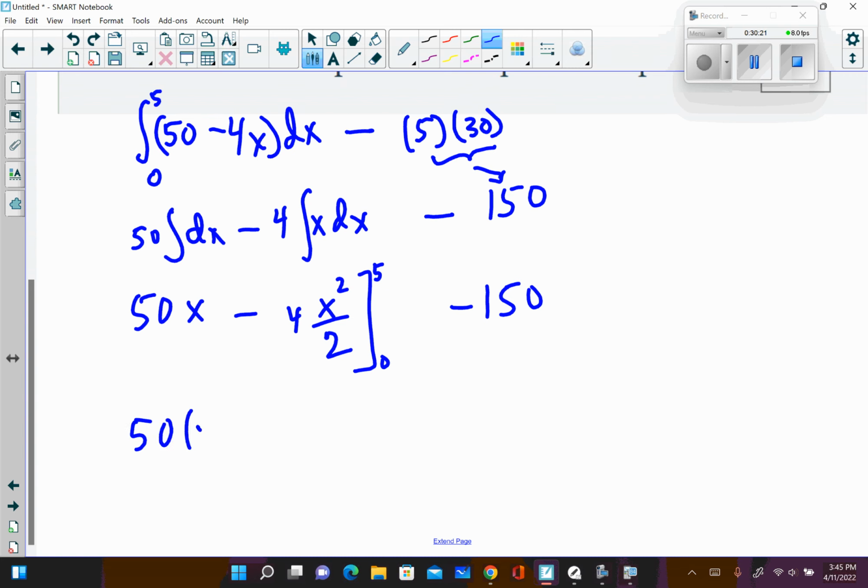So all the x's are going to be replaced with 5. 50 times 5 minus 2, because we have a 4 over 2, that's why I'm just getting 2 there, times 5 squared. And then it's going to be minus 0, because both terms are 0 when x is 0.